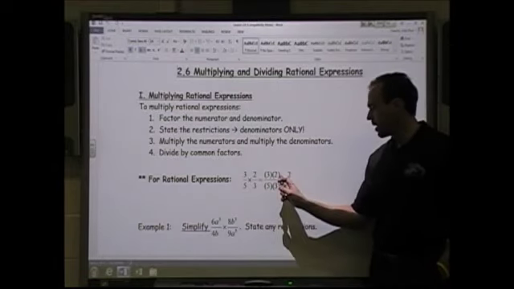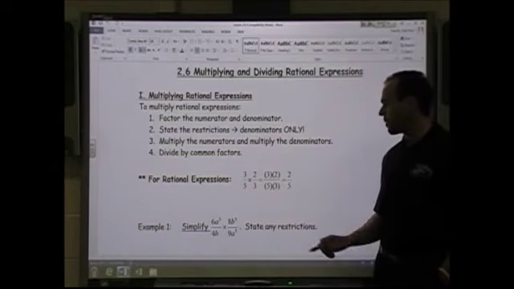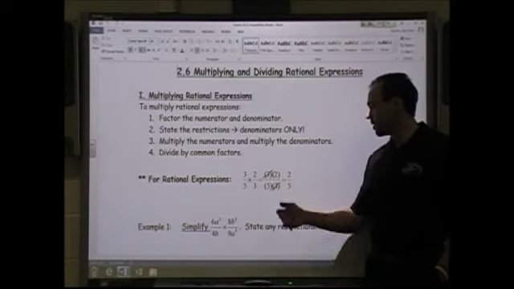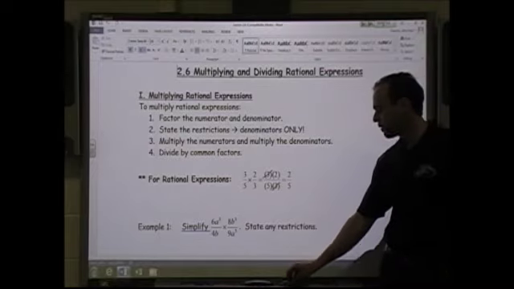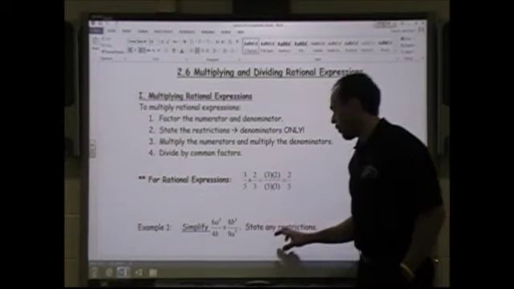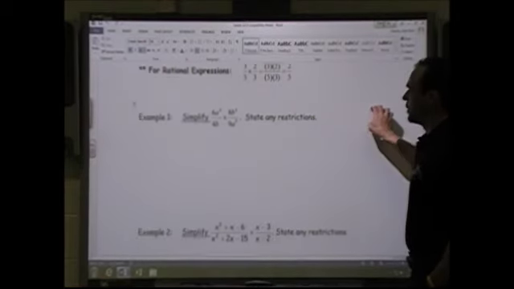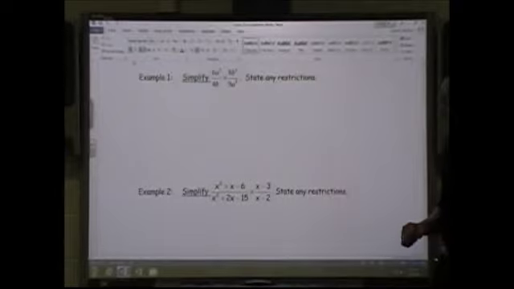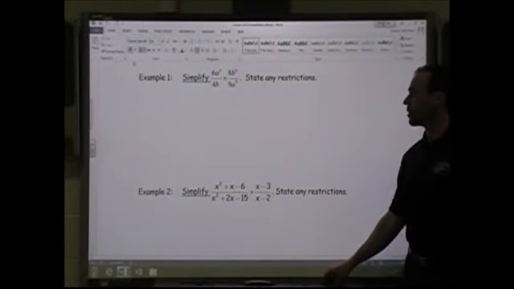So we end up with 3 times 2 on the top, 5 times 3 on the bottom. Of course, you can cancel out the 3's, because they're factors, all multiplication, division, and you're just left with 2/5. So this is going on the same type of premises for doing all of these things. The factoring is what you do first, and then the restrictions and multiplication second.